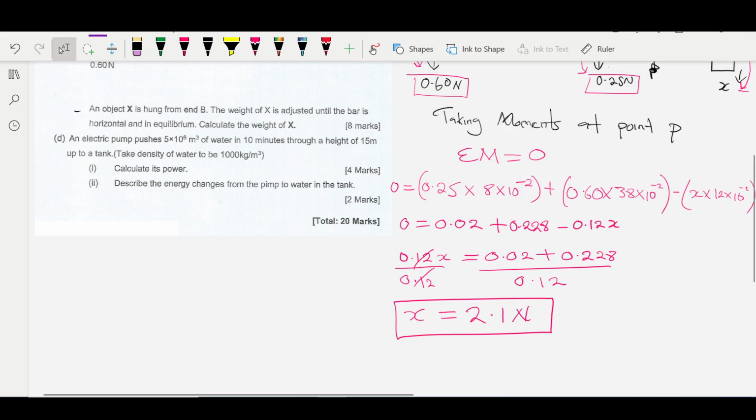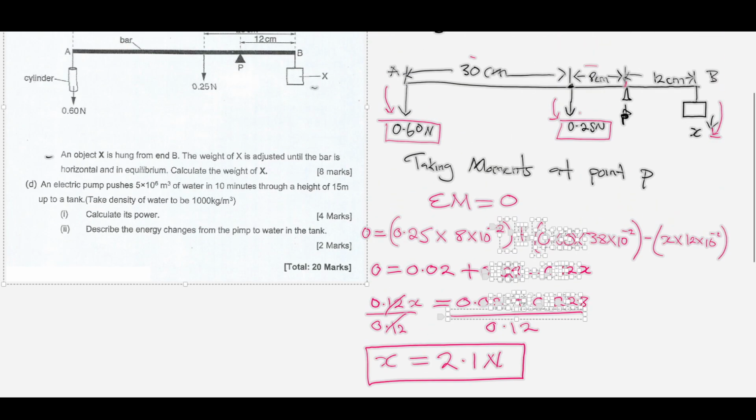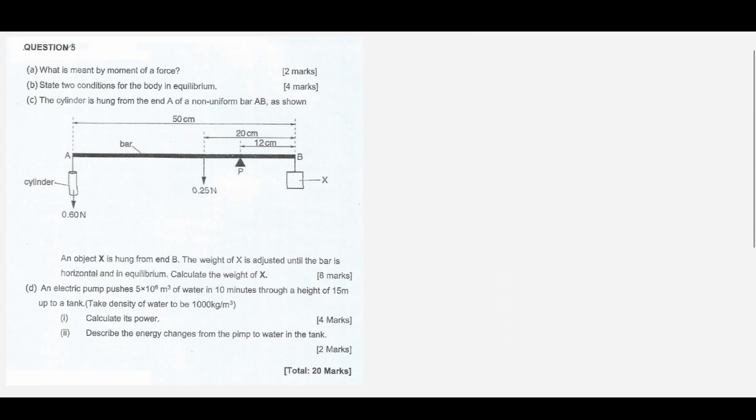So let's look at part D. Part D says, first of all, let me just grab this. Okay, so part D says an electric pump pushes 5 times 10 power 6 cubic meters of water in 10 minutes through a height of 15 meters up to a tank.